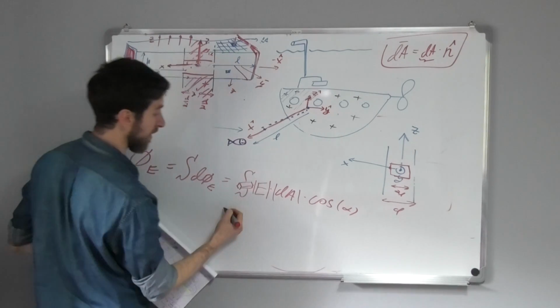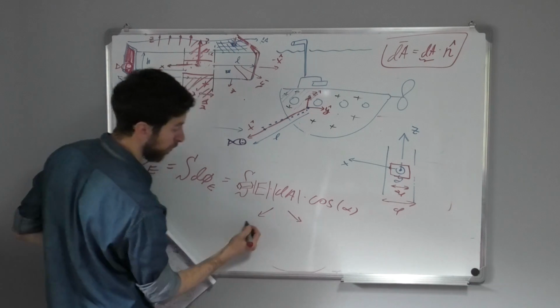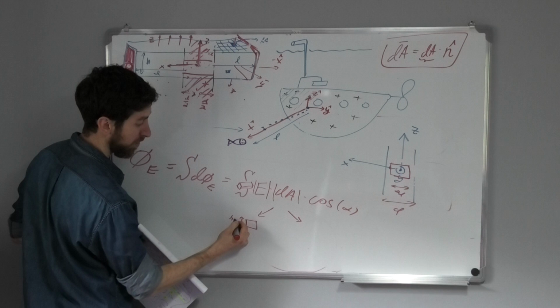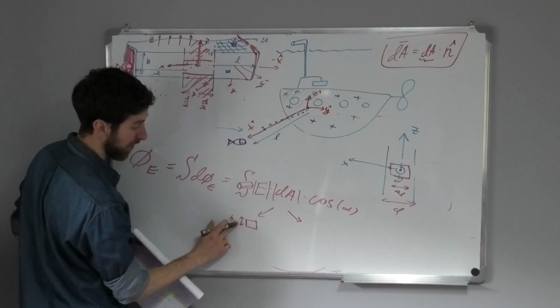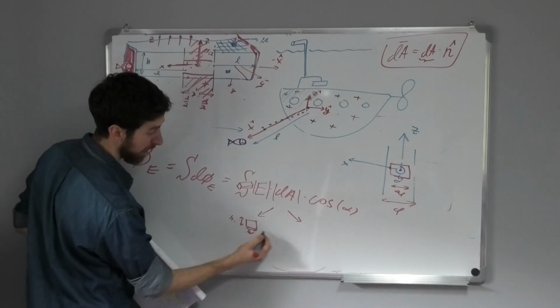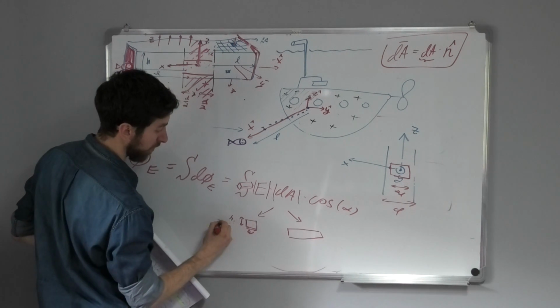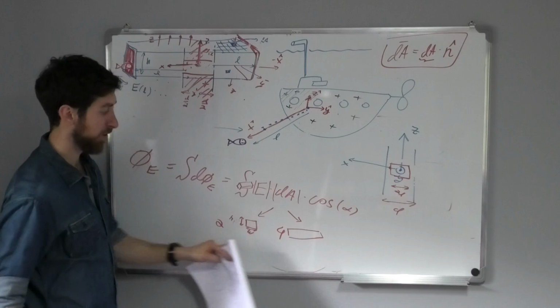And I'm going to say the same, that I can split this integral into two parts. These parts have H and W, H and W, and you know the sides. I have 2 of those, and I have 4 of those.